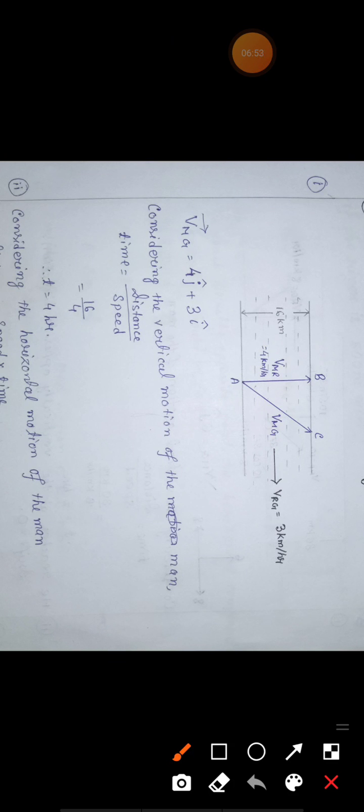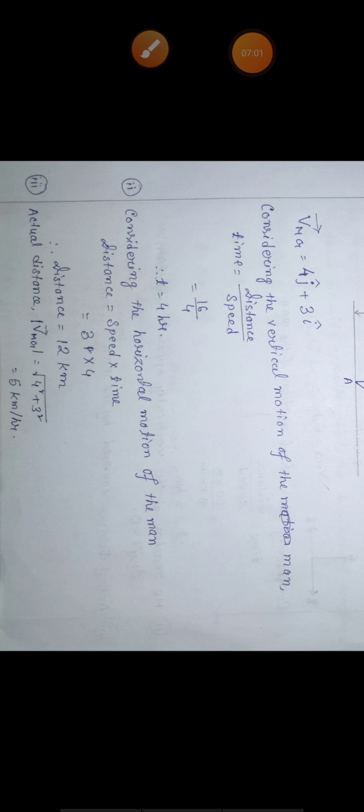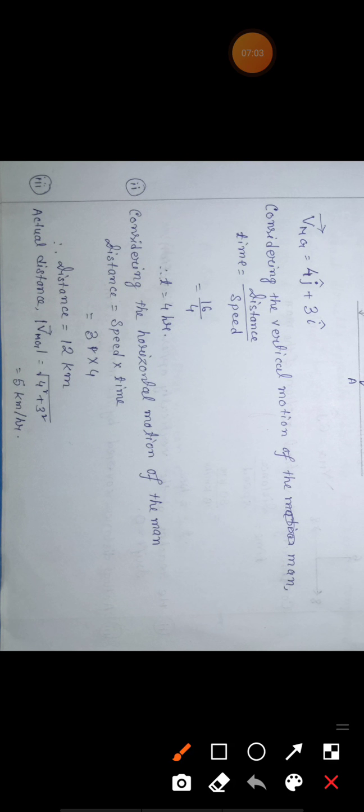So time is the same for both paths, A to B as well as B to C. So time is independent of reference frame. So the distance is 12 kilometer.